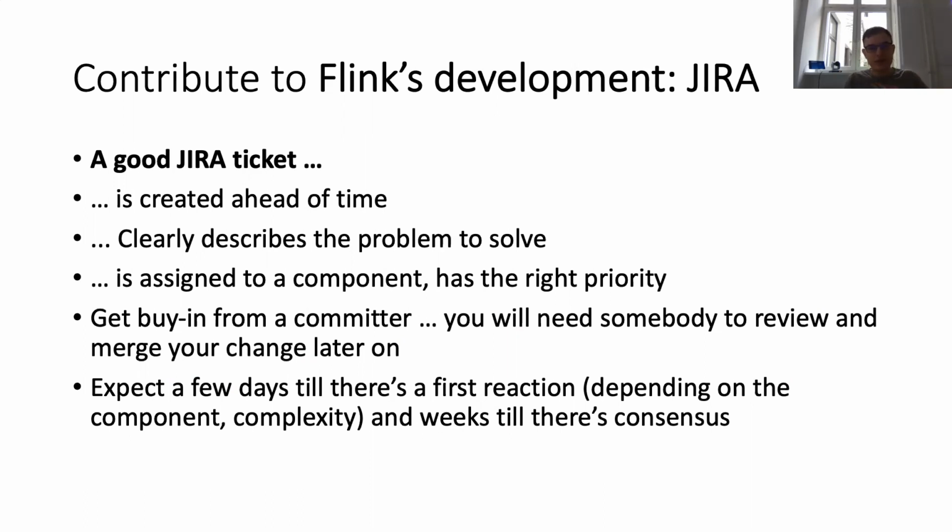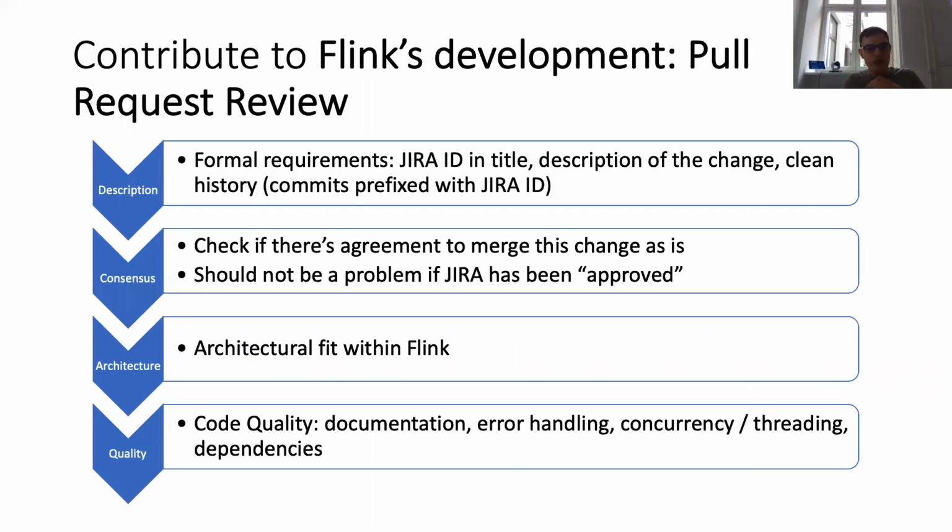That's important. For the review, we are also following a review process where we are first checking whether formal requirements have been met, like a Jira ID in the title, description of the change, clean commit history, and commits properly prefixed with the Jira ID. We also check whether there has been agreement on merging and accepting the change, as discussed in the Jira ticket.